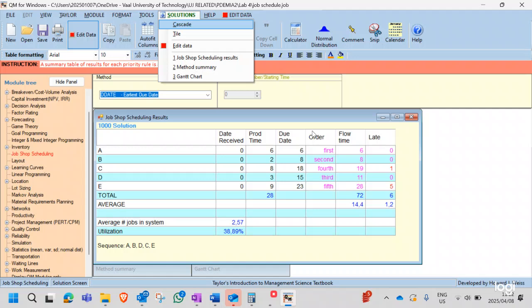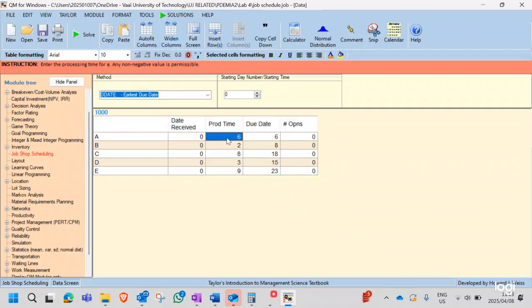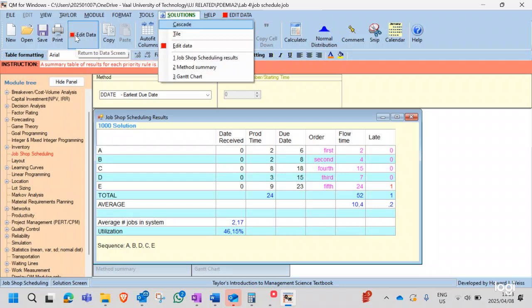No, remember, the first production time is 2, not 6. It's going down.